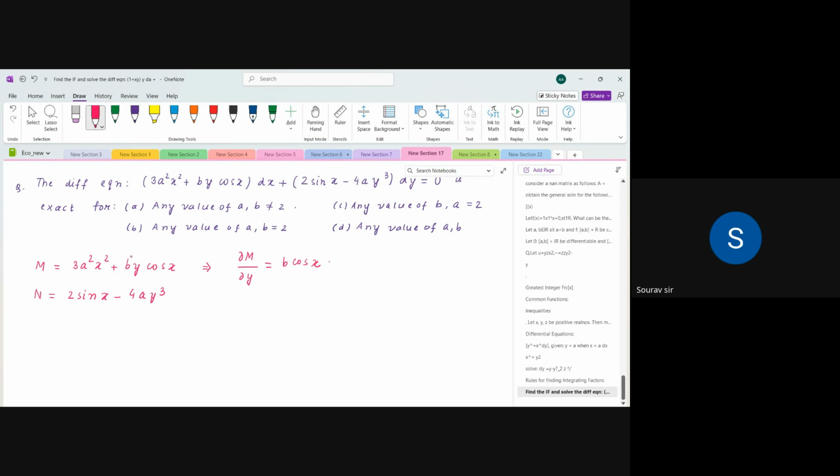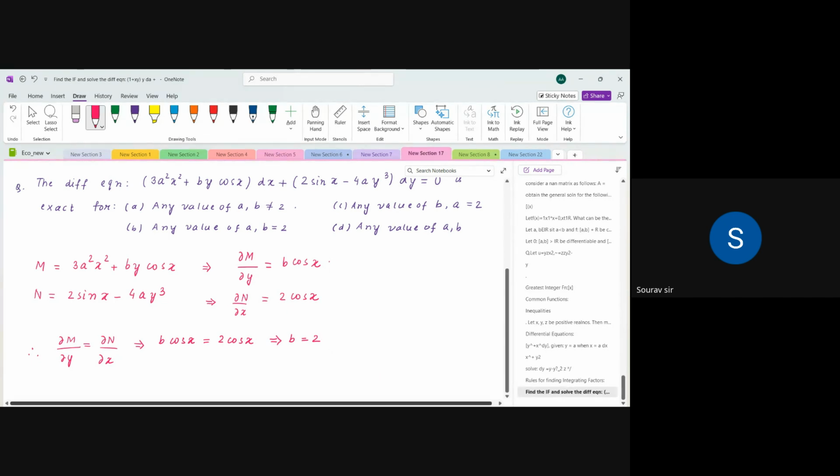First term will be 0. And del N by del x will be 2 cos x. So that means b should be equal to 2.